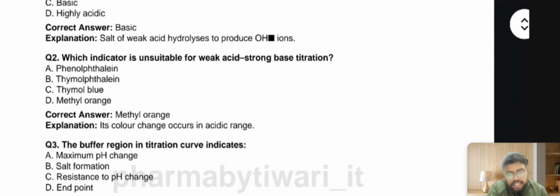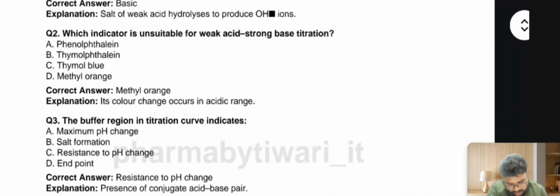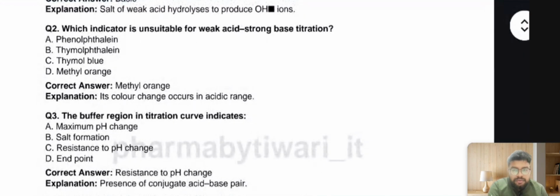Let's see the correct answer. The correct answer is resistance to pH change. In the presence of a conjugate acid base pair, the solution resists pH change, so there is no change in pH.